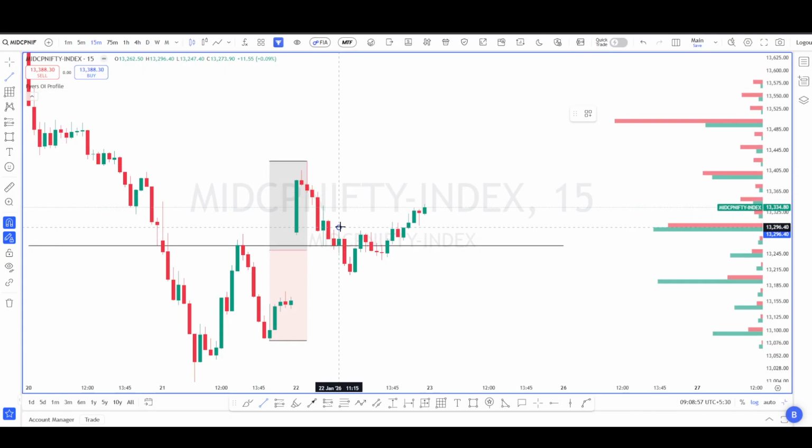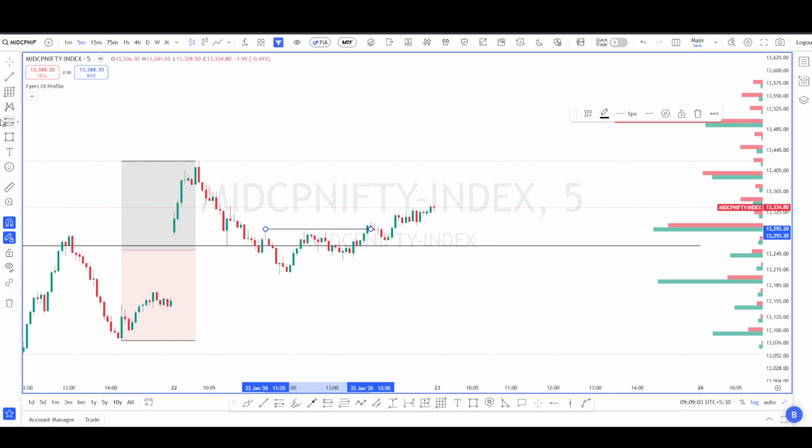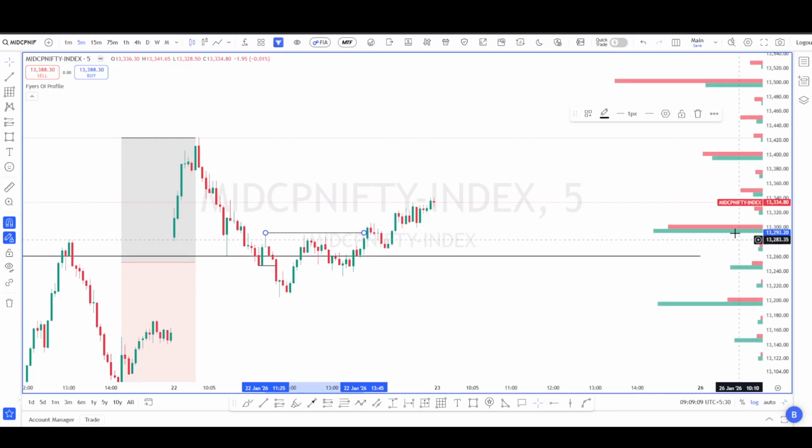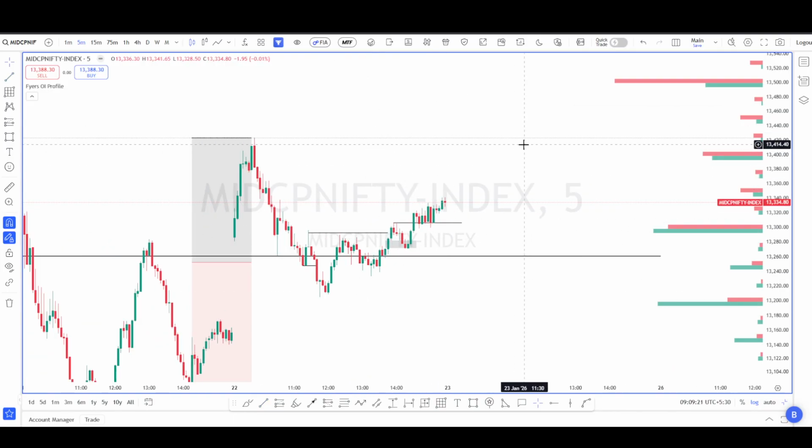If I mark these lower highs and lower lows and look at the lower time frame, you can clearly see that we have a change of character, and after the change of character, a continuation and a breakout structure.